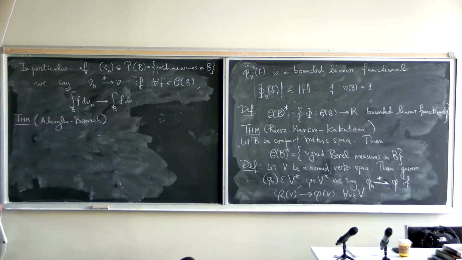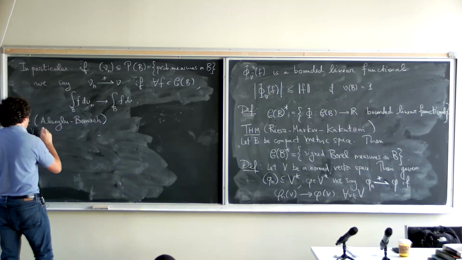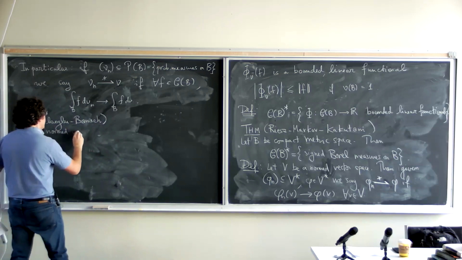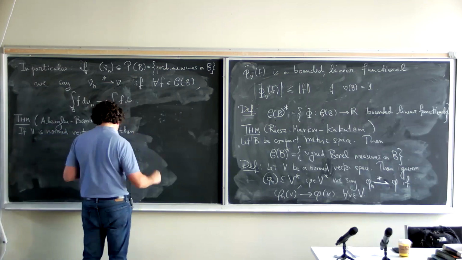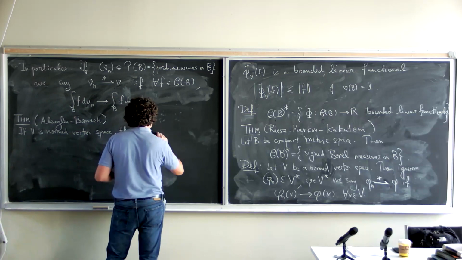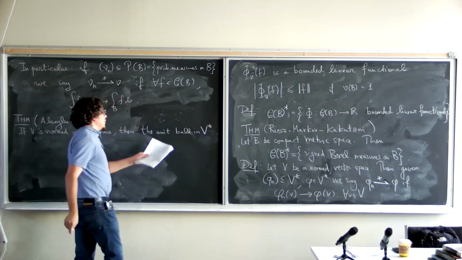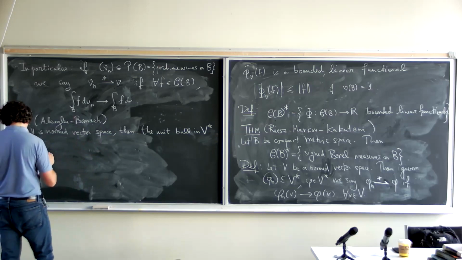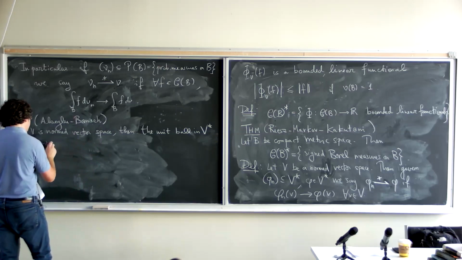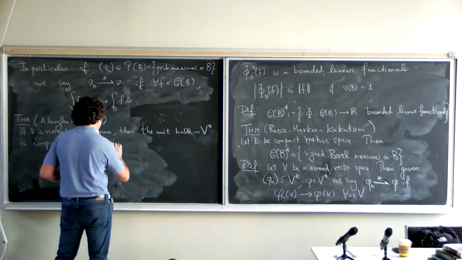So what does it say? Yeah, the unit ball, exactly. If V is a normed vector space, then the unit ball in V star, using the dual norm, is compact in the weak star topology.